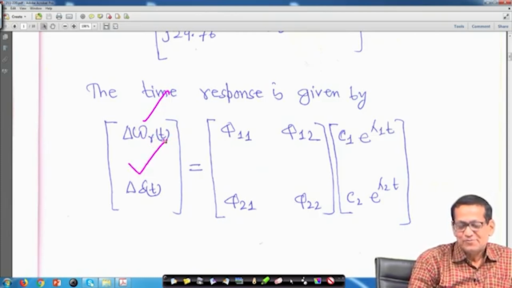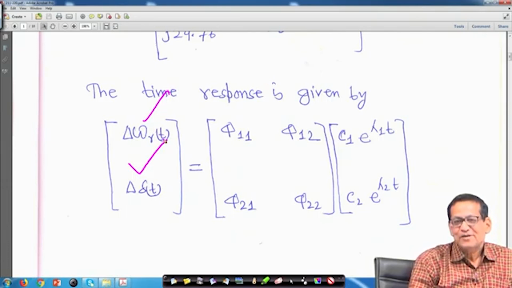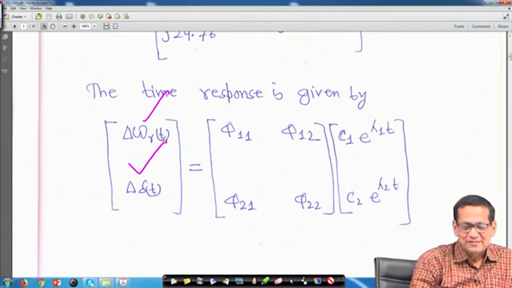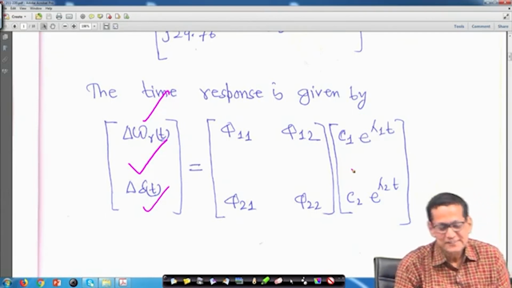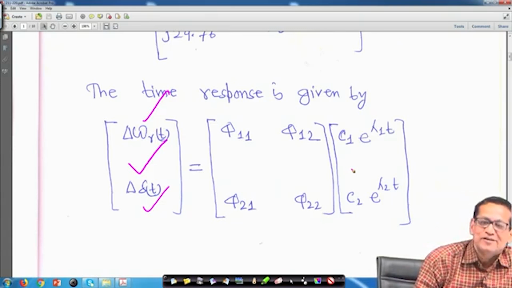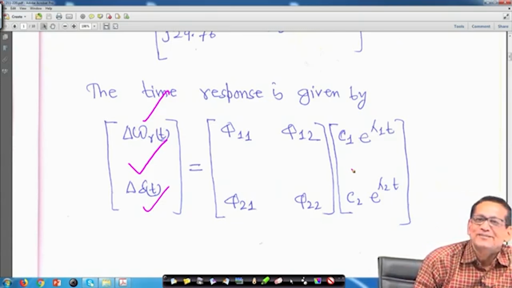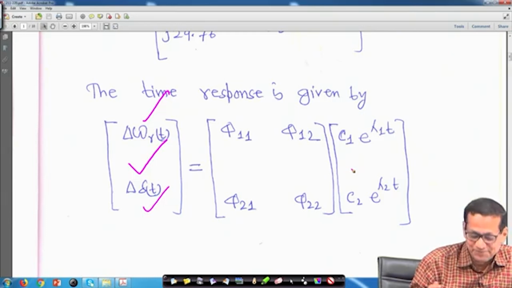So, putting this, first one phi 1 1 C 1 e to the power lambda 1 t and phi 1 2 C 2 e to the power lambda 2 t. Similarly, for I is equal to 2, the second variable, that is delta t, phi 2 1 C 1 e to the power lambda 1 t plus phi 2 2 C 2 e to the power lambda 2 t. So, this is the general expression; slowly your understanding will become clear.